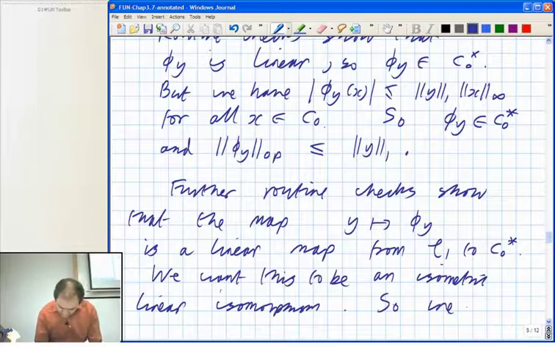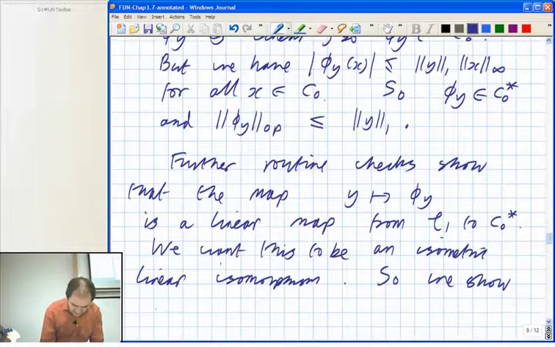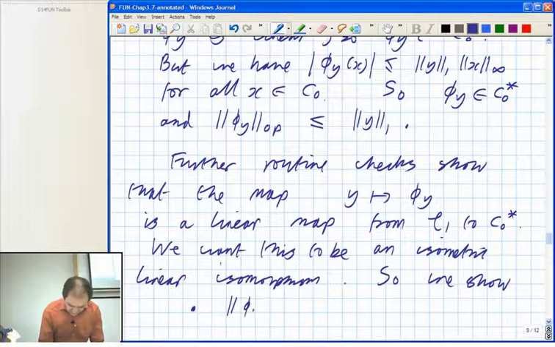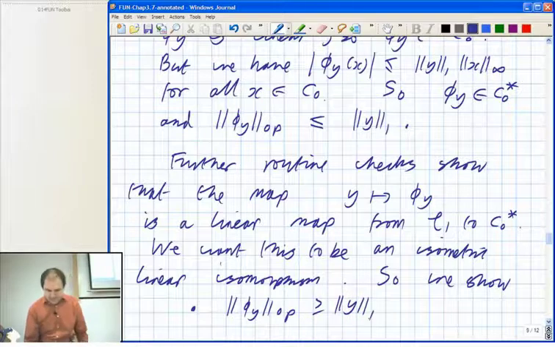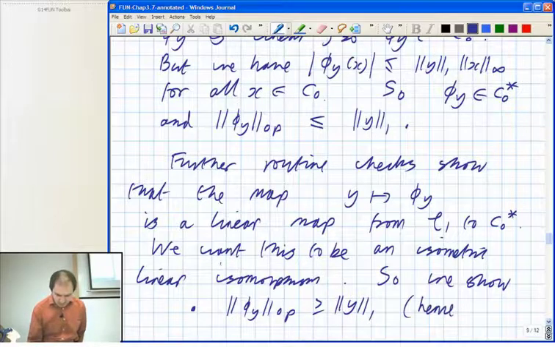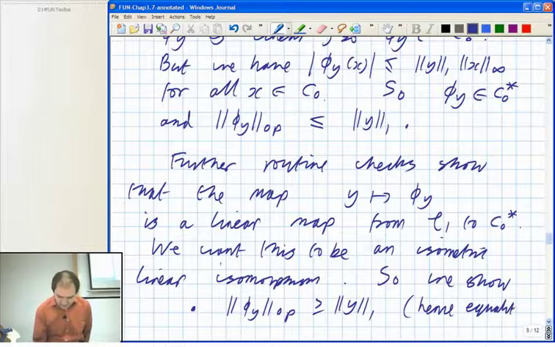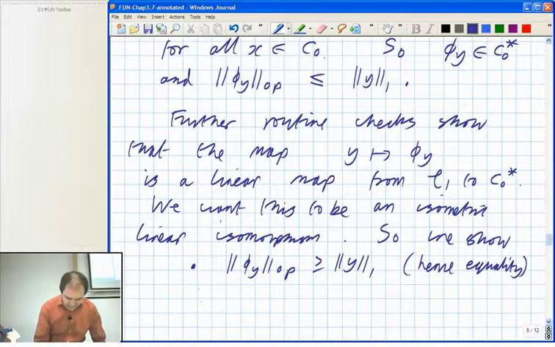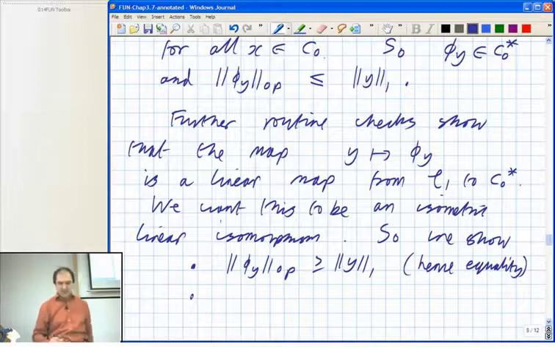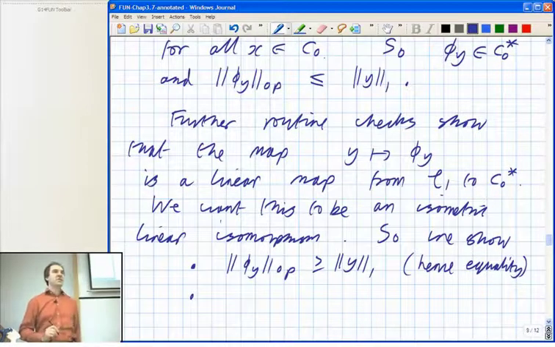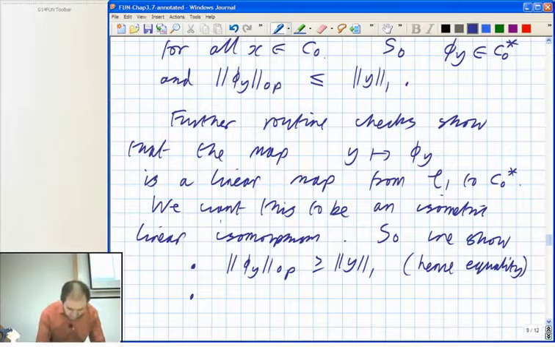So we want this to be an isometric linear isomorphism. We're going to show that the operator norm of phi y is greater or equal to norm y1, hence equality, because we got the other way round, and that every continuous linear functional on C0 is one of these.